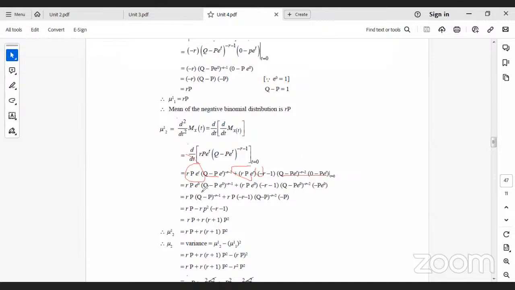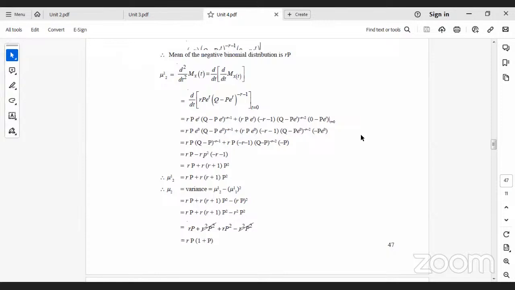So r into e power 0, Q minus P, power minus r minus 1, plus r into P, Q into P power 0, minus r minus 2, and so on. Doing the simplification here, mu 2 dash is equal to rP plus r into r plus 1 into P square.